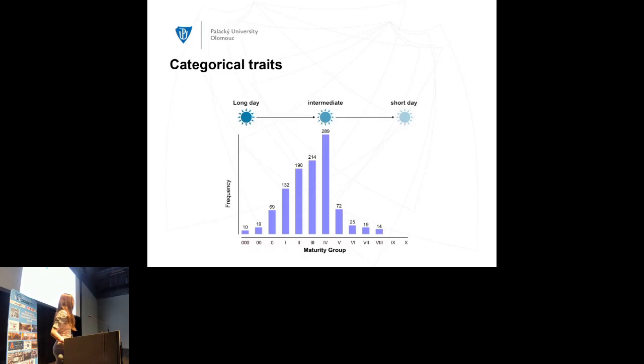The first one is category 000, which reflects soybeans that are the earliest maturing plants, and higher categories correspond to plants that tend to wait longer, for shorter days, until they flower and reach maturity. These categorical and quantitative traits often arise from variant positions in multiple genes, which makes it difficult to discover causal mutations.